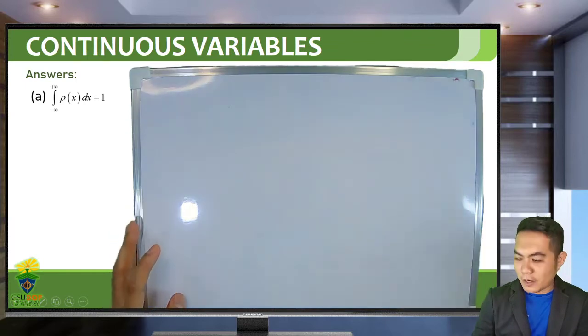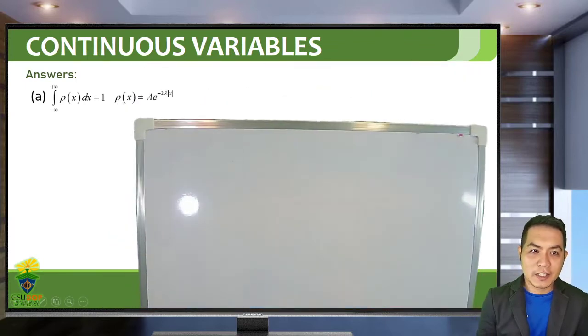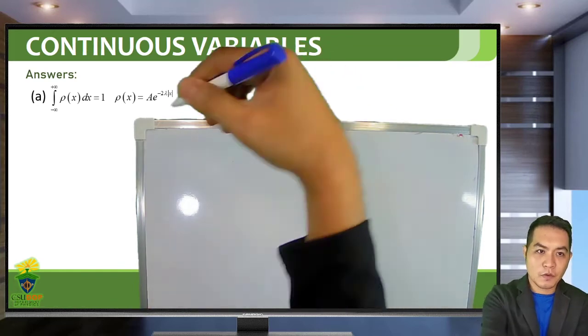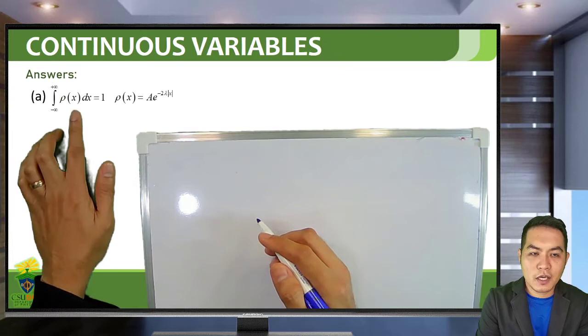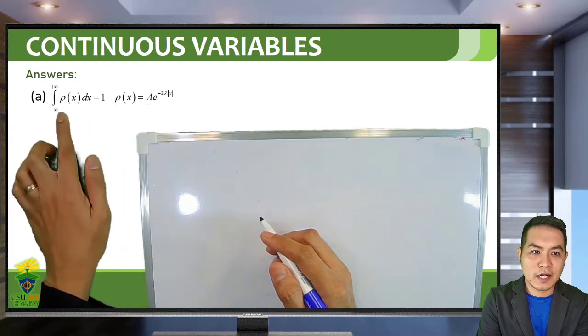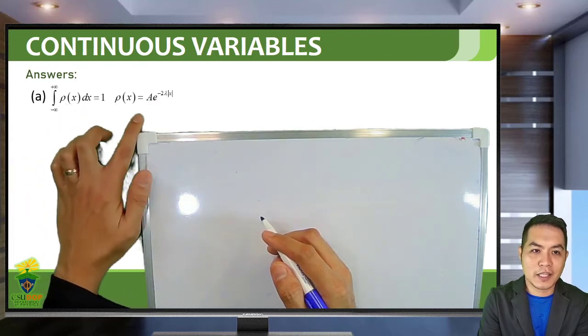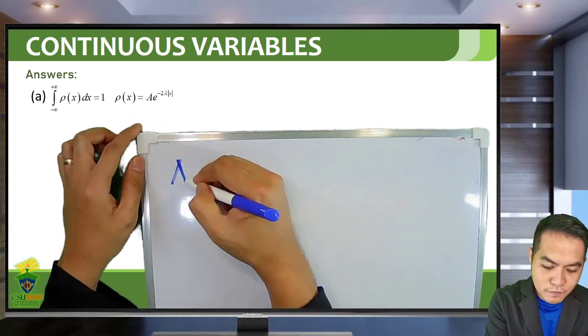So given our probability density function, rho of x, we use this formula. Substitute this term inside our integral. This is our integrand. A is just a constant, so we can take it out of the integral.